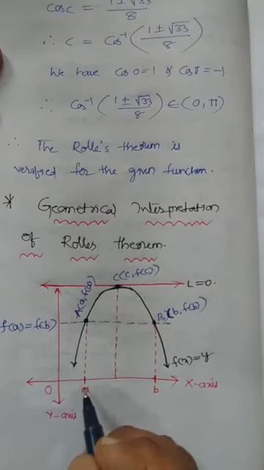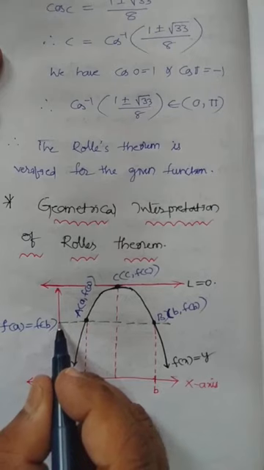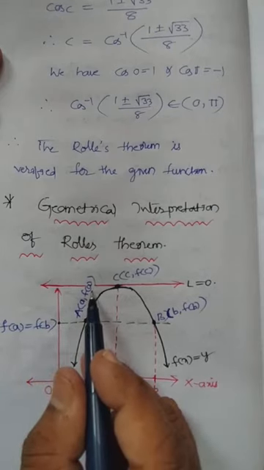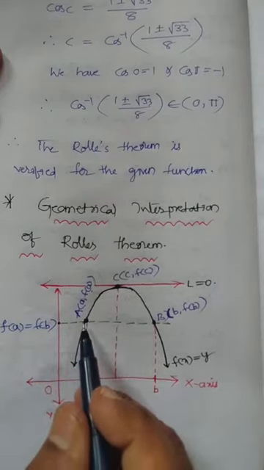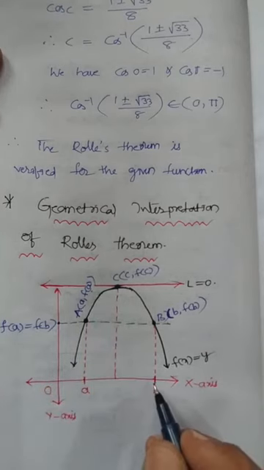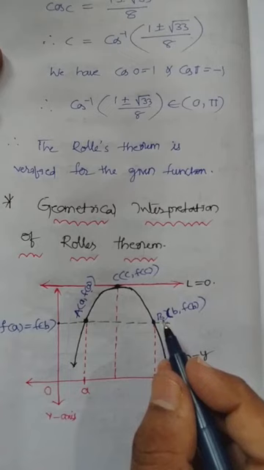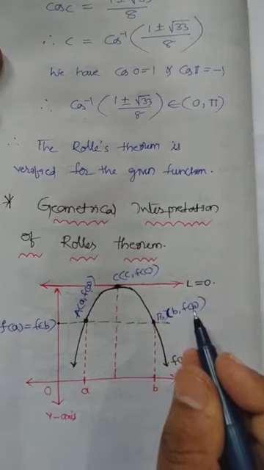What is our x coordinate? A. And suppose here on the y coordinate I am supposing it is what now? F of a. So what is our a point? A comma f of a. Since it is point B on x axis, the b point on the curve must be what now? B comma f of b.